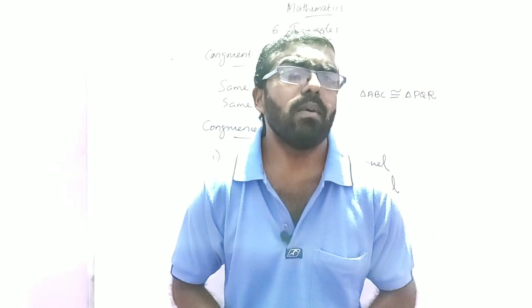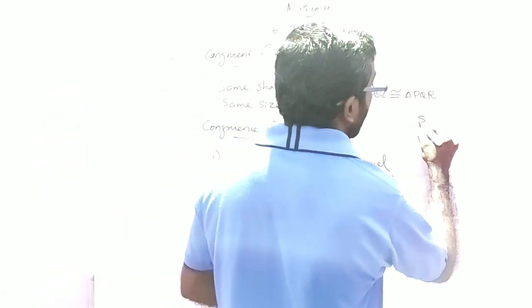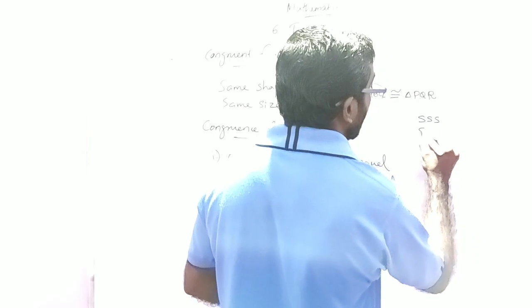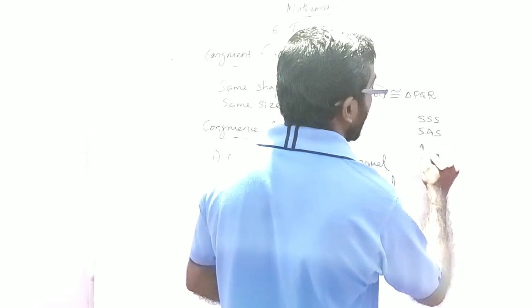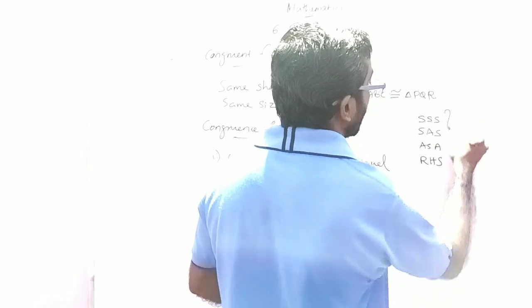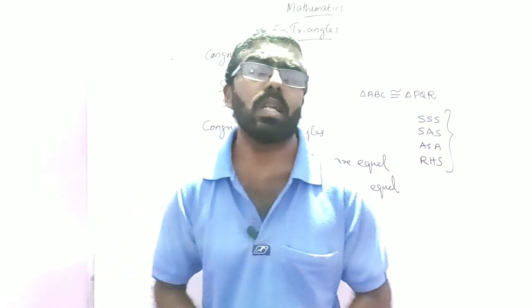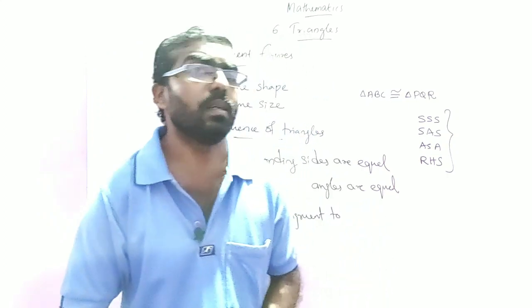Also, you have learned some congruence criteria, namely the SSS rule, SAS rule, ASA rule and RHS rule. So these are the four different congruence criteria or theorems you have already learnt.